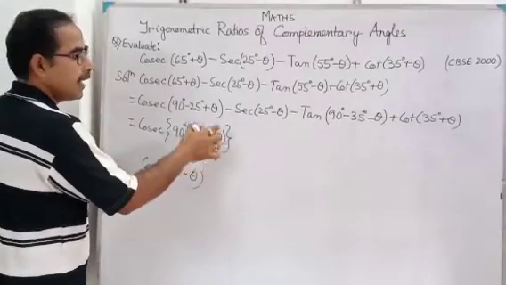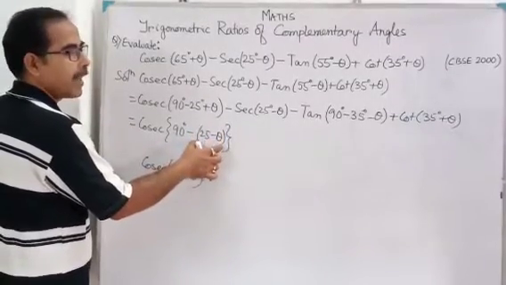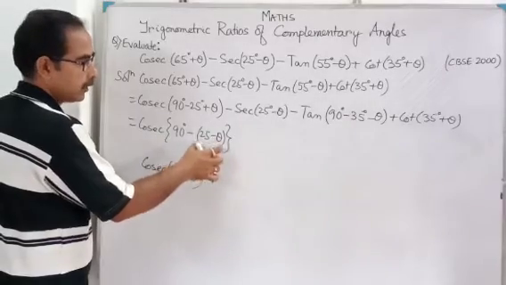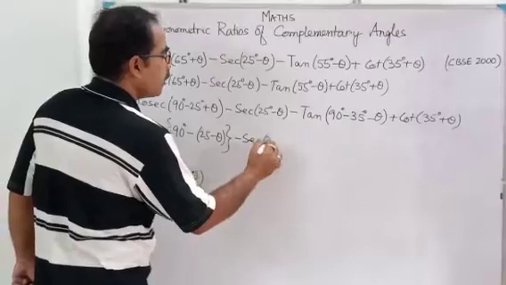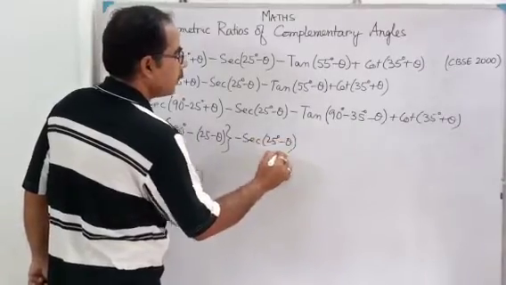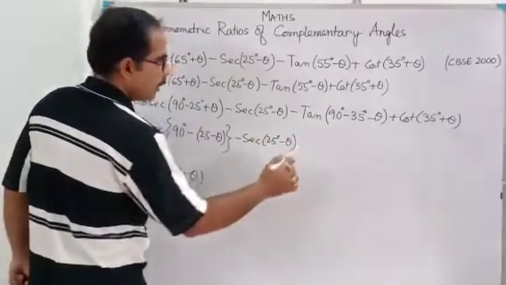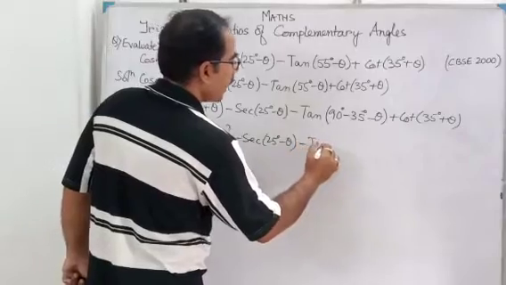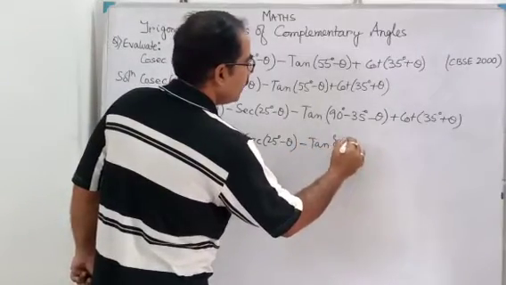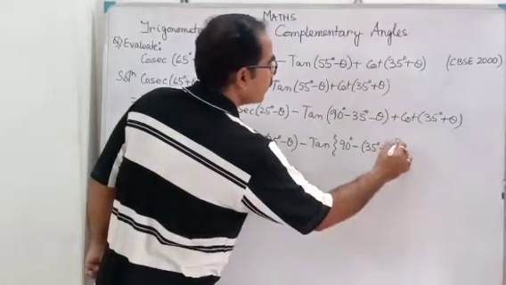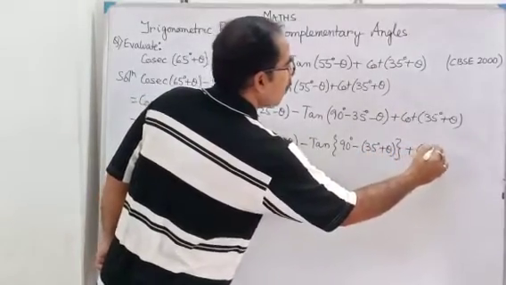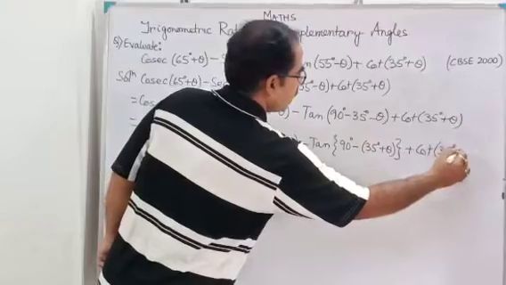So we can assume this complete thing as a new theta, correct? Minus sec 25 degree minus theta. So the same thing we will apply over here also, that is minus tan 90 degree minus 35 degree plus theta plus cot 35 degree plus theta.